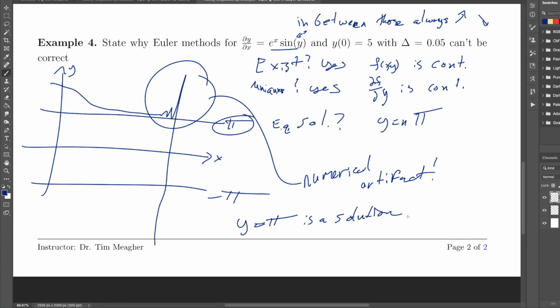So y equals pi is a solution, and existence and uniqueness hold. So no solution can cross it. Okay, so no solution can cross it.